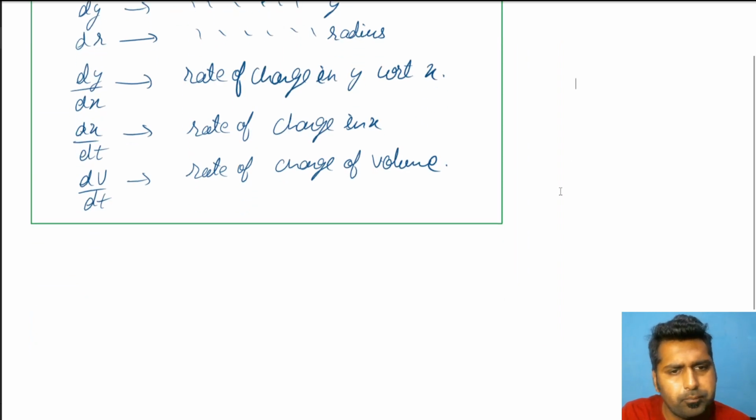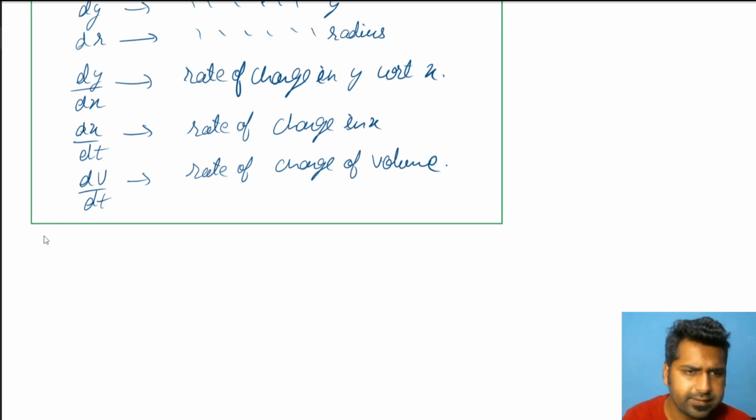And the second thing that you have to understand is that the change can be increasing as well as decreasing. Something can change in a way it's increasing, something can decrease also. So how can we define that? We use positive and negative.